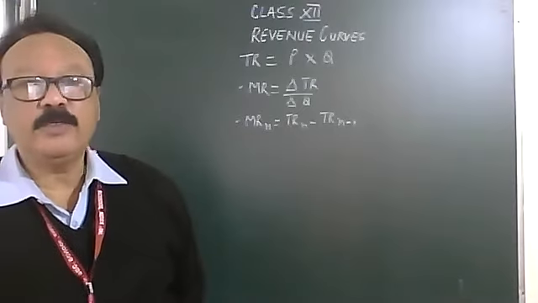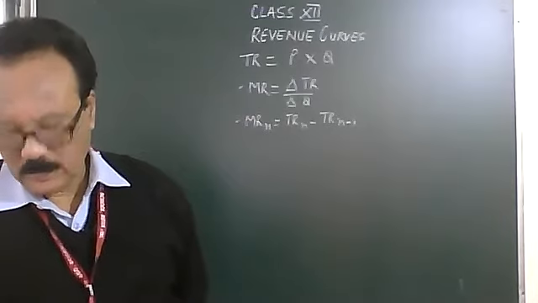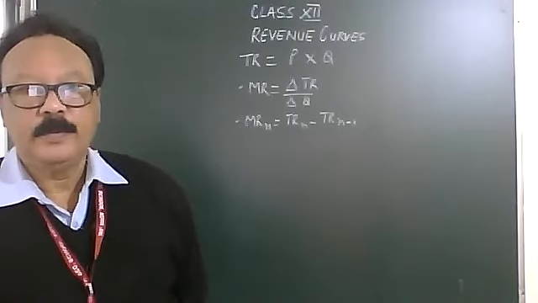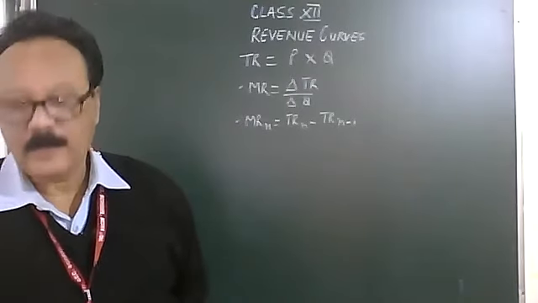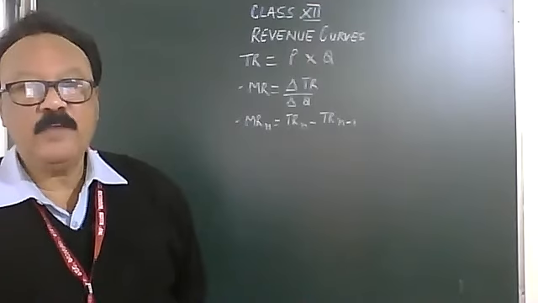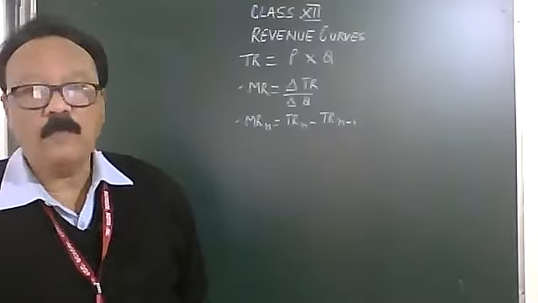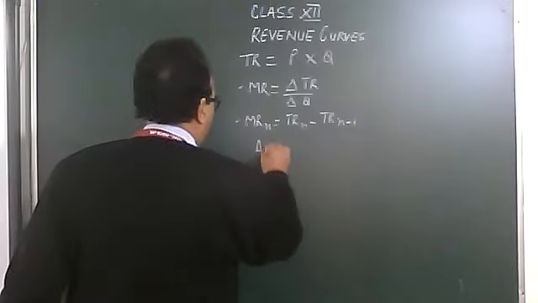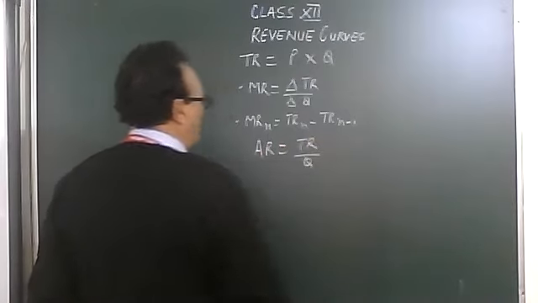It is equal to the total revenue divided by the number of units of the product sold. So AR is equal to TR upon Q.